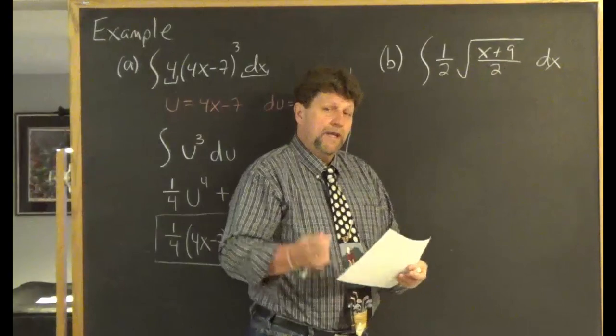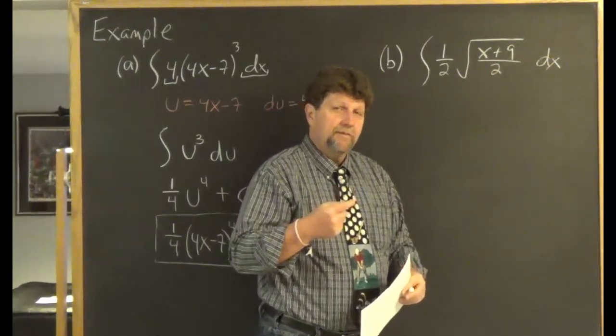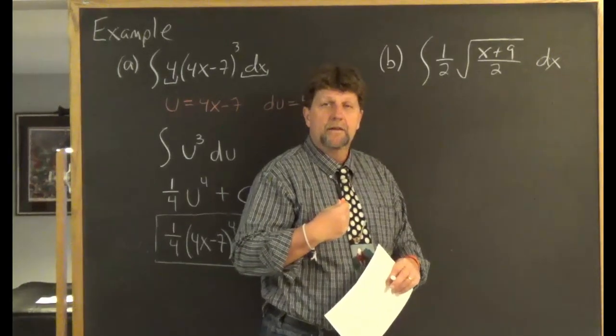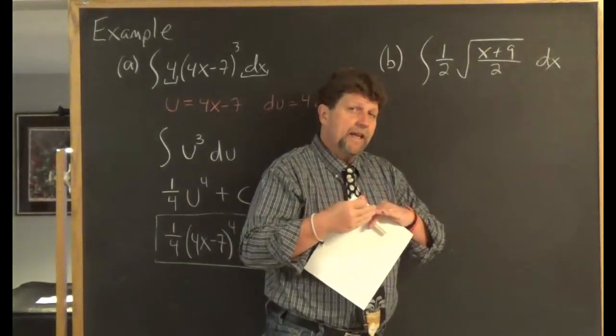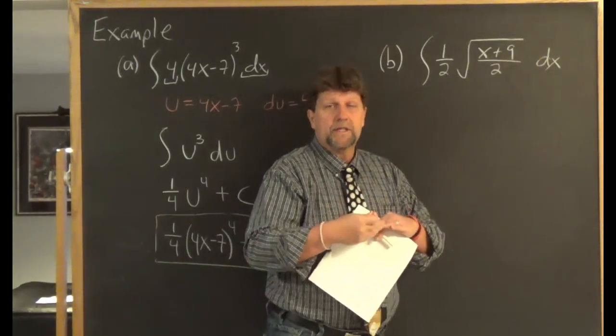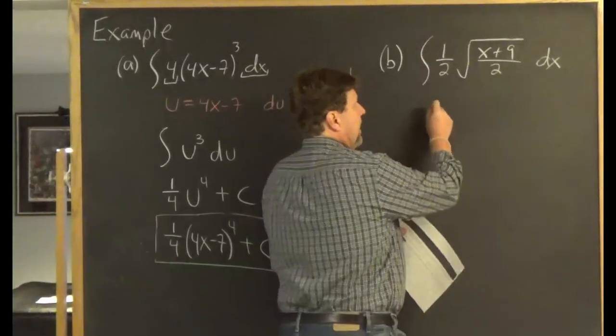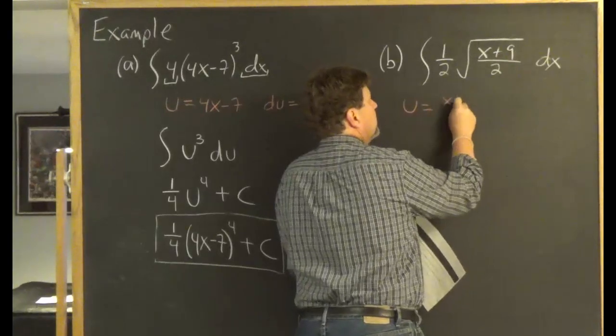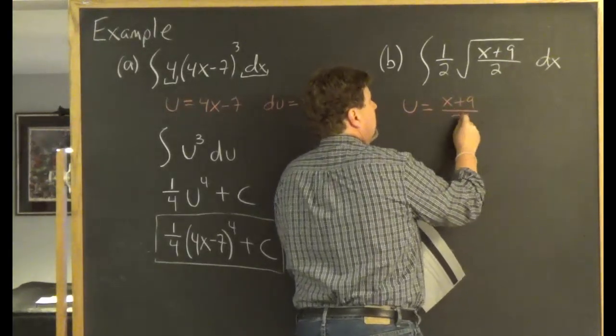All right, so here I will start off by letting u equal what's under the radical sign. That's kind of the same thing as saying let u equal what's inside the parentheses. So I'm going to let u equal x plus 9 over 2.